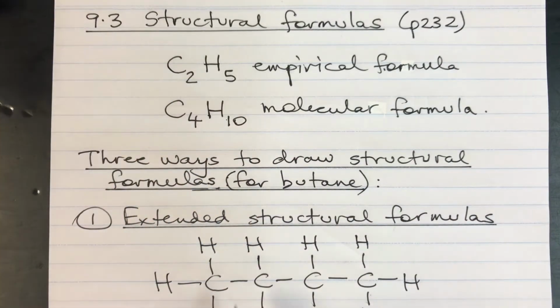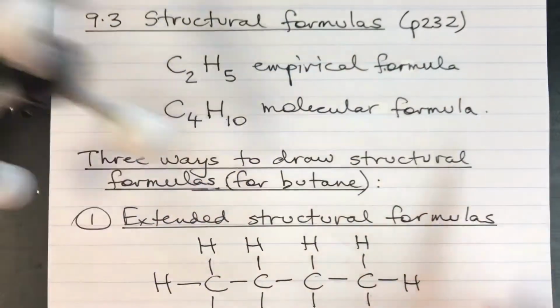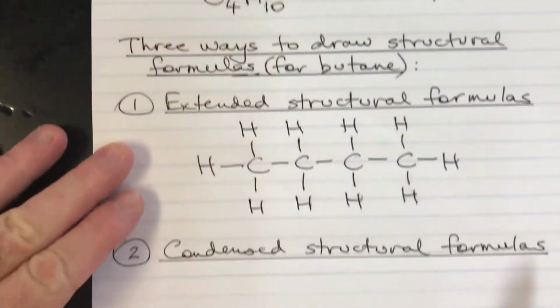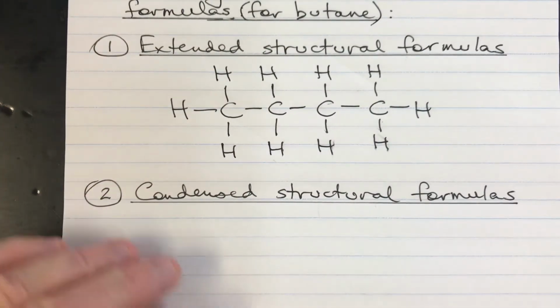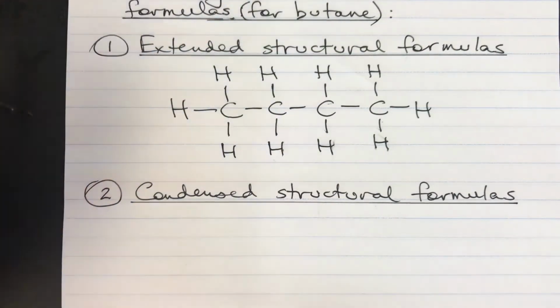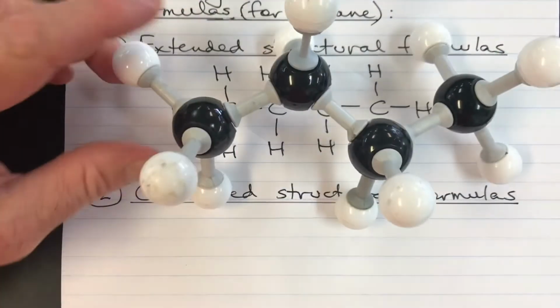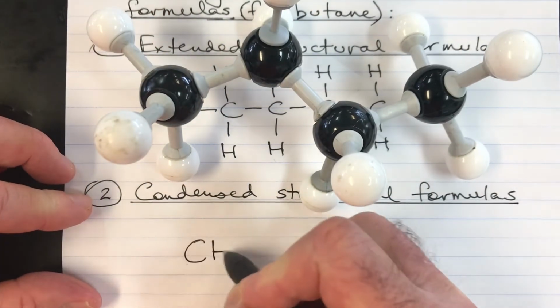Okay, that's butane. 4 carbons, 10 hydrogens, your little ripper. The second way of drawing structural formula is the condensed structural formula. So the condensed structural formula for butane is writing it like this.